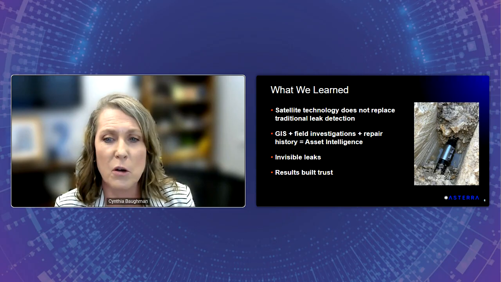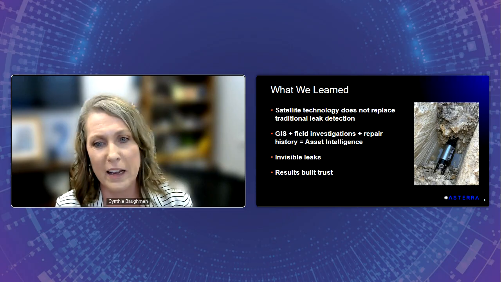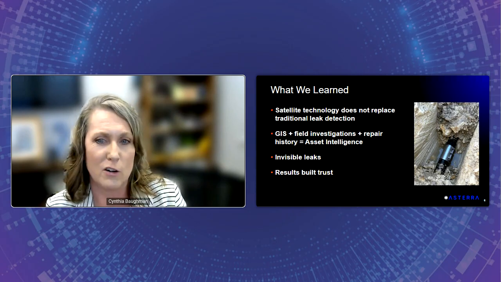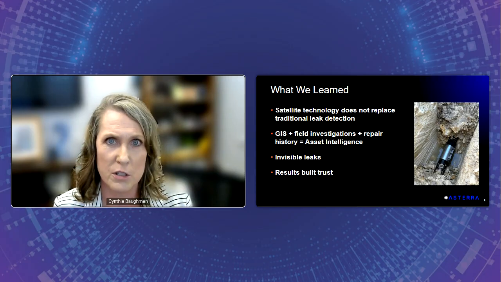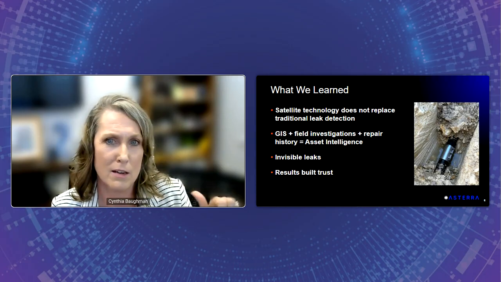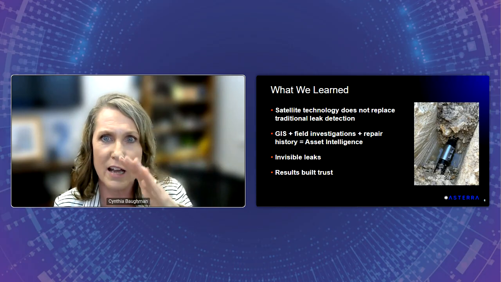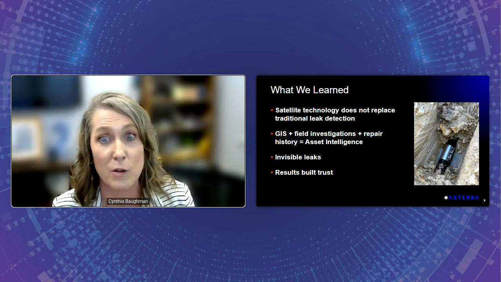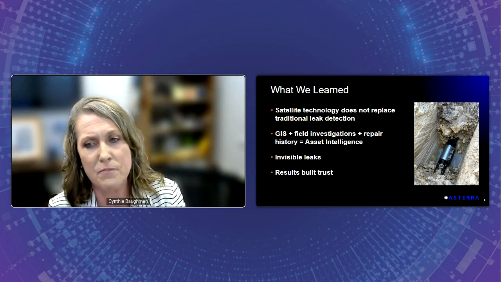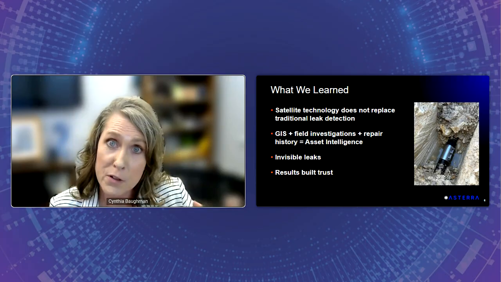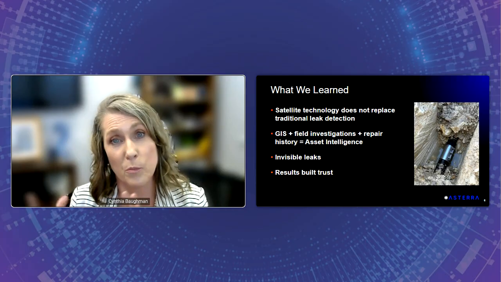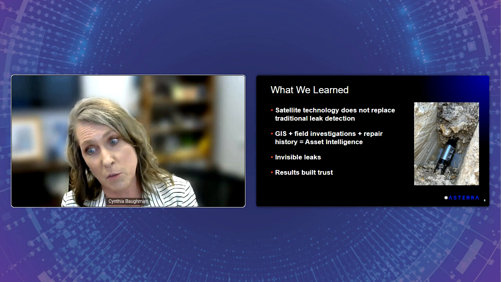This is information that we also confirmed by correlating flow data in our smart cover system on our sewer system. We can see the increase in the flows that then decreased when the repairs were made in February. So we paid for the treated water, and then we paid to treat it again at our wastewater treatment plant.